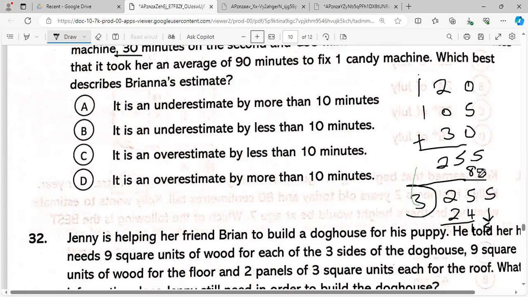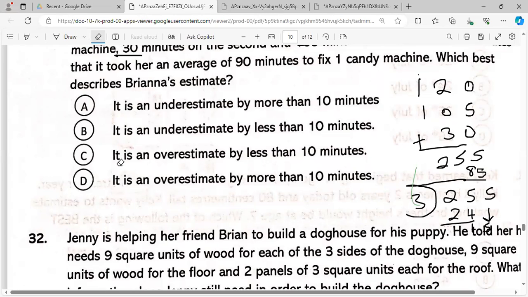Sir, the answer would be B. It is overestimated by less than 10 minutes. So I read 5 minutes, so less than 10 minutes is B. That's what Kayla had said? Yes, no, sir. She said 85. Yeah, but did she say B? I'm trying to remember. Sir, I said C, but I said 80, sir.